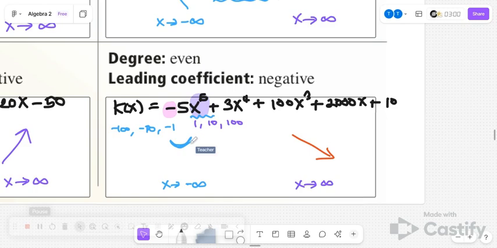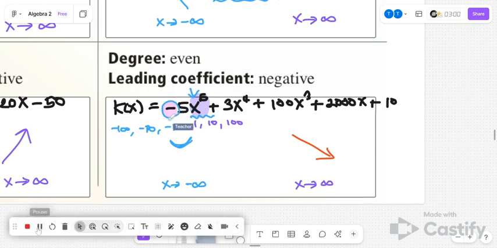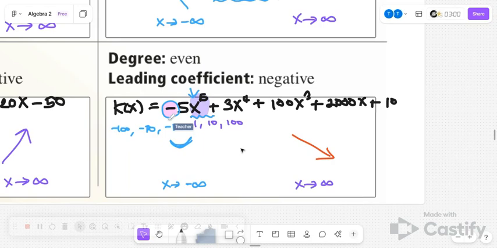So all the negatives are just stuck in this x to the sixth power, so only this negative sign applies. So x to the sixth power, with negative 1, negative 10, negative 100, the numbers are getting bigger because of this even exponent. So this value will be going up. But there's a negative sign in front of it, so the value is still going down. So in this case, the end behavior is going to be down and down.